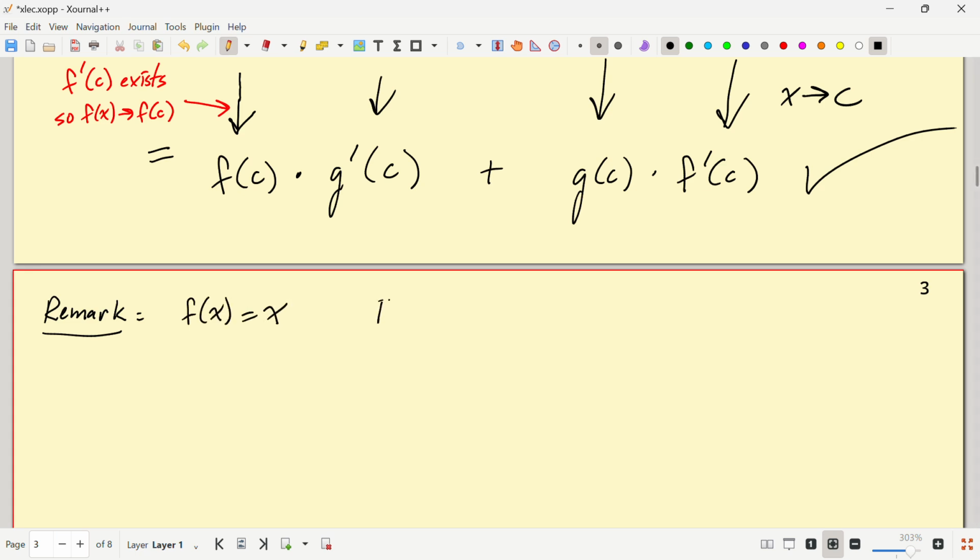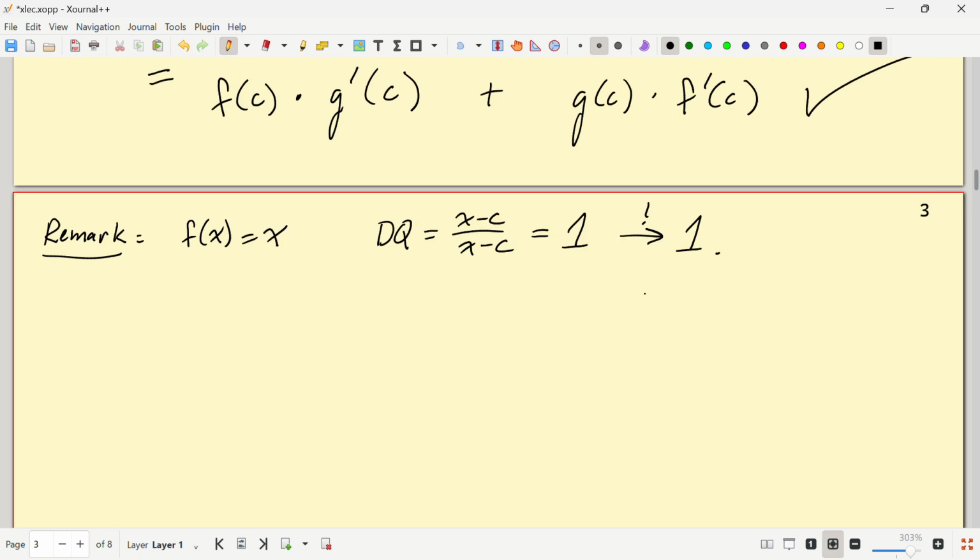Then the difference quotient is x minus c over x minus c, which is 1. And of course, that tends to 1. So it's the easiest example of a differentiable function, and its derivative is 1.